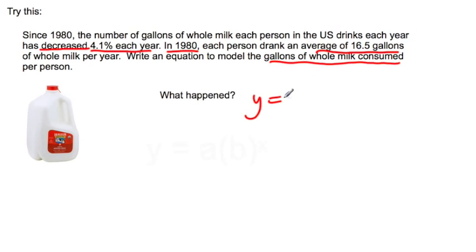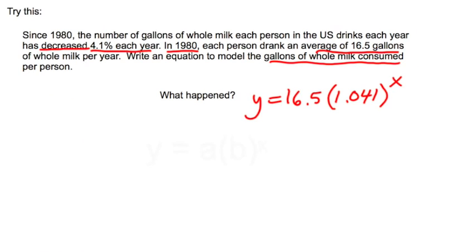So if you wrote down 16.5 times 1.041 to the x, you would be wrong.